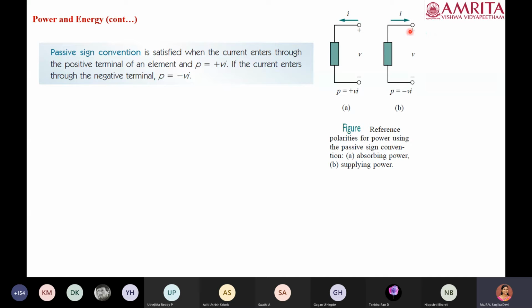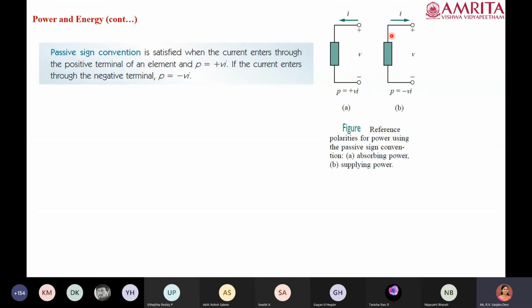So we have a voltage V across this circuit element. It will have a plus symbol and a minus symbol, and if current comes out of this plus symbol, it means that it supplies the power. On the other hand, if current enters into the positive terminal, it means that this element is absorbing the power.